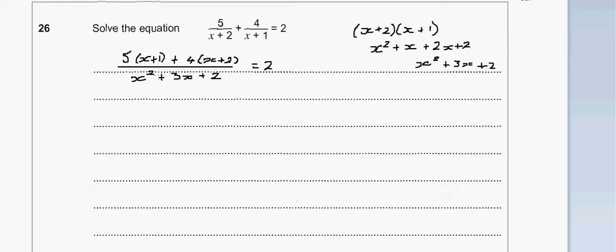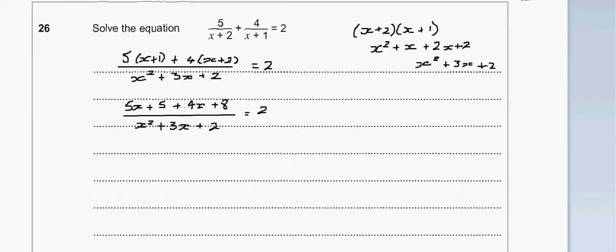So 5 times x is 5x, 5 times 1 is 5, plus 4 times x is 4x, and 4 times 2 is 8. All of this is going to be over x squared plus 3x plus 2, and this will equal 2.